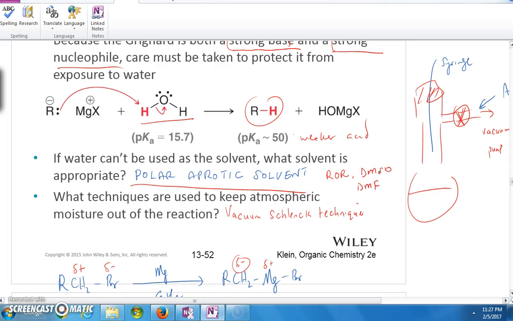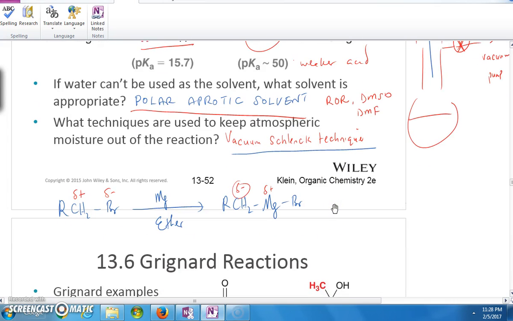Now, what techniques do we use to keep atmospheric moisture out of the reaction? If you don't want moisture in the system, you need to use what we call vacuum sealing techniques. I'm not going to go into detail, but that's something we use in organometallics to preserve the integrity of organometallic reagents. Typically, an organometallic reagent is formed, just like I showed you earlier, when you have an alkyl bromide and magnesium is inserted into the carbon-bromine bond.